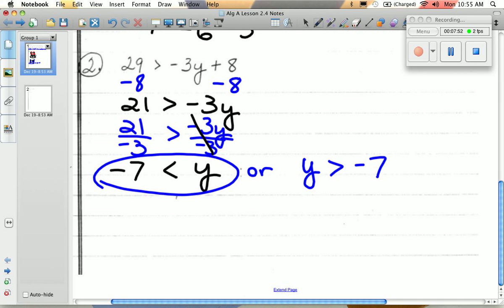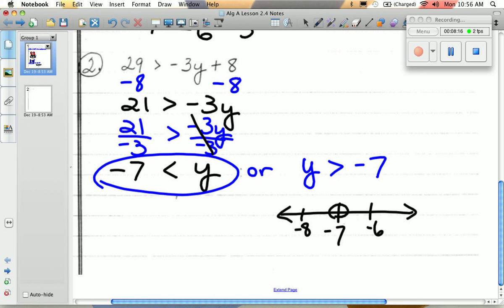So let's go ahead and put our graph together. Closest integer neighbor to the left, -8. Closest integer neighbor to the right, -6. Open or closed circle at -7? Open.